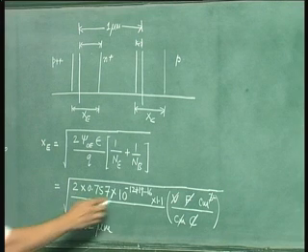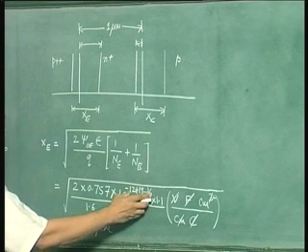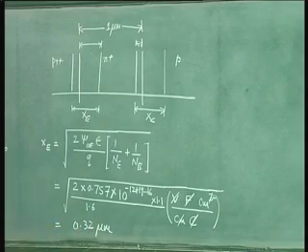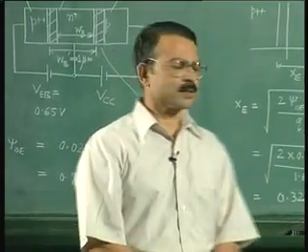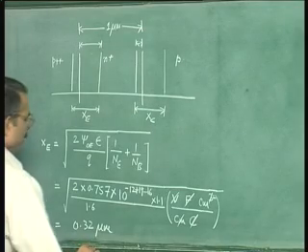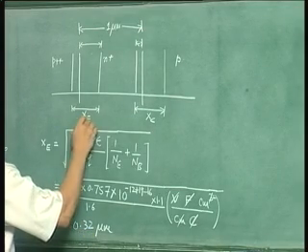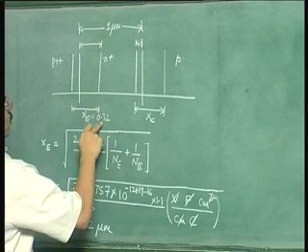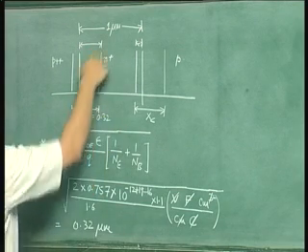Please note that we must collect all the powers of 10 and we must collect all the other numbers here. This way you avoid making calculation mistakes. Now this is 0.32. The values indicated here are in microns.